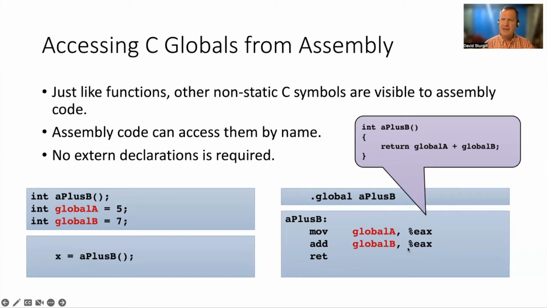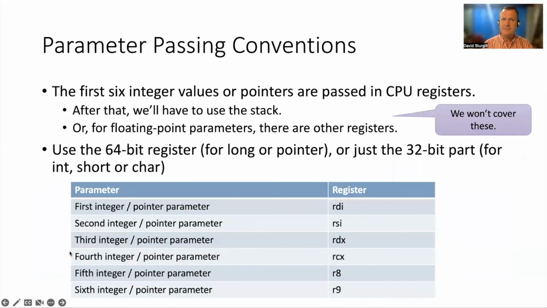So in assembly, I have to make sure I access the right sized amount of memory to copy it into this register. And then I left the sum in EAX, so when I return here at the bottom, it'll automatically be in the return value for this function. So over in C, if I'm calling this function, the return value will be right there where C is expecting.